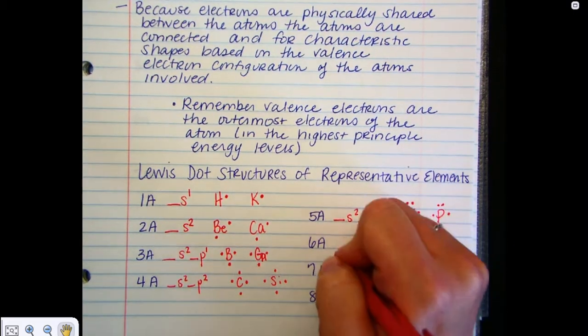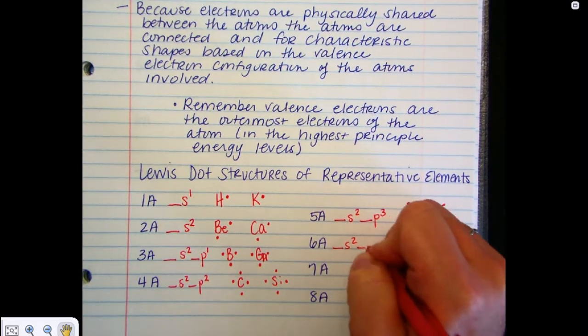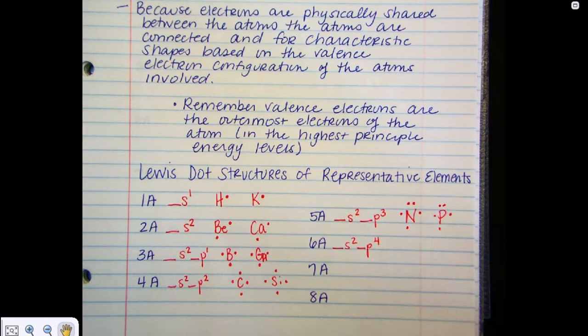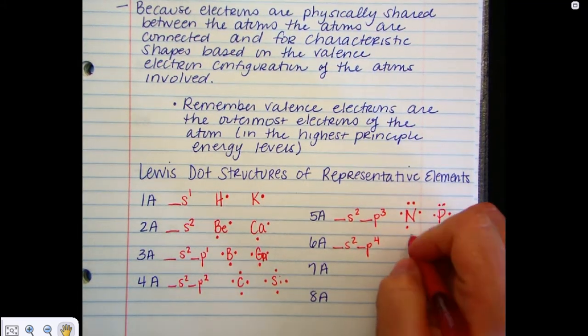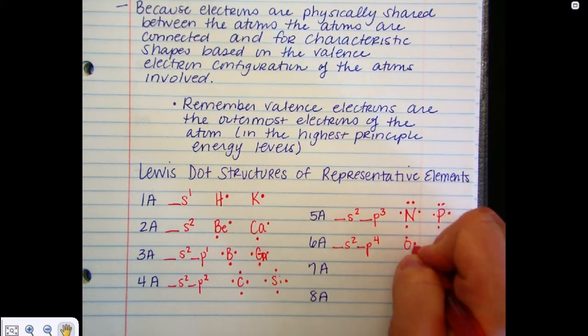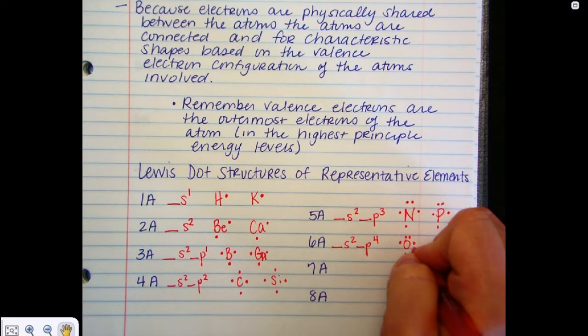Okay. 6A column, s2 p4. So 6 electrons, so oxygen, 6 dots, 1, 2, 3, 4, 5, 6.